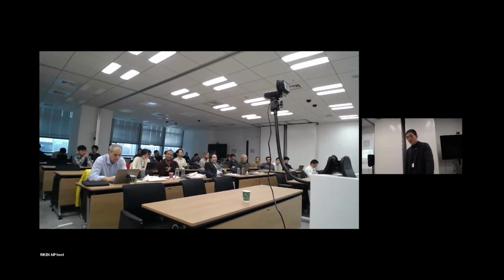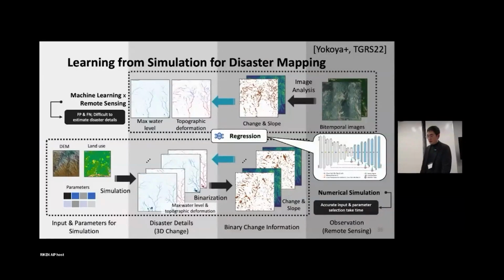Thank you for the question. This is a very good point. Currently, this concept works when the simulation data is really realistic. If it's far away from reality, it doesn't work, unfortunately. In the case of flood simulation, the diversity is much less, so it's quite correlated with the topographic data.